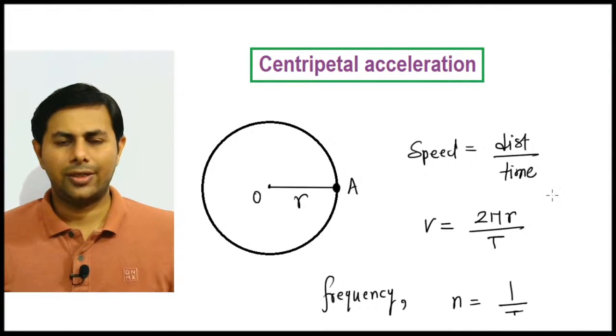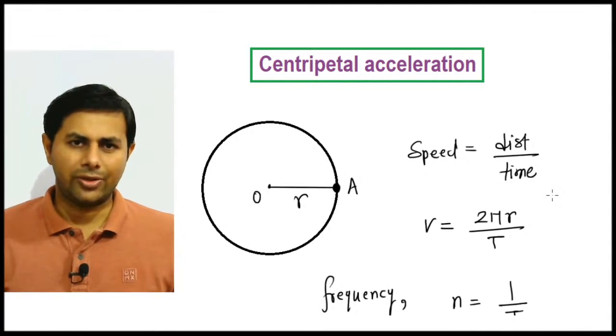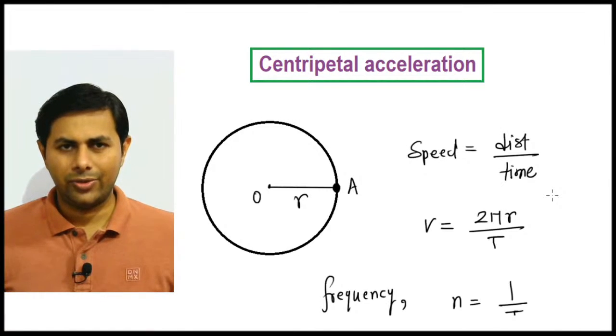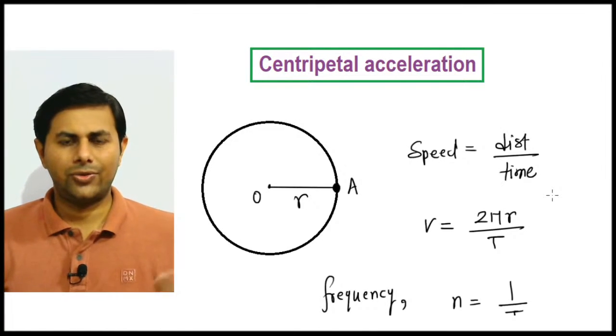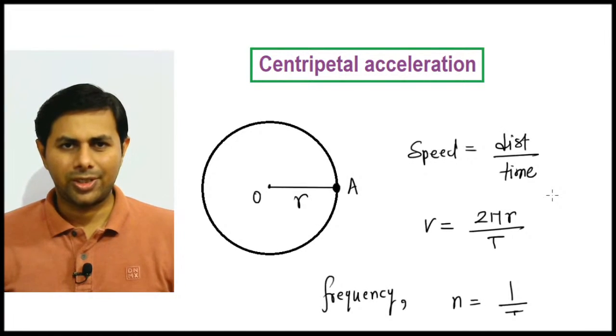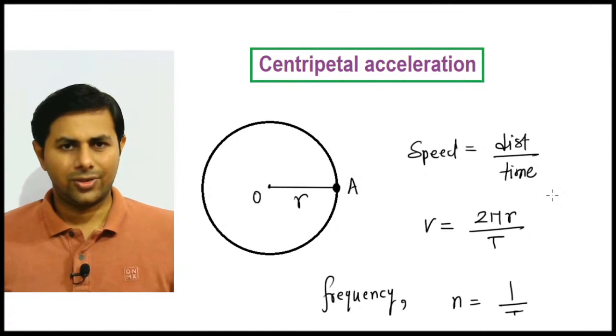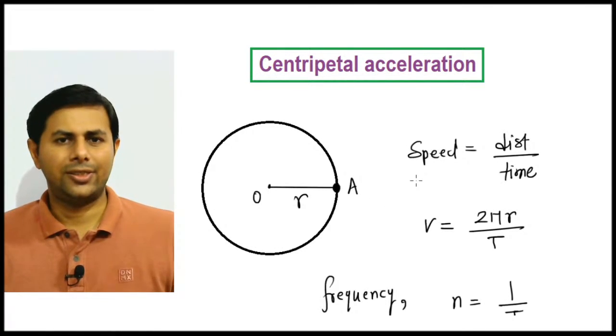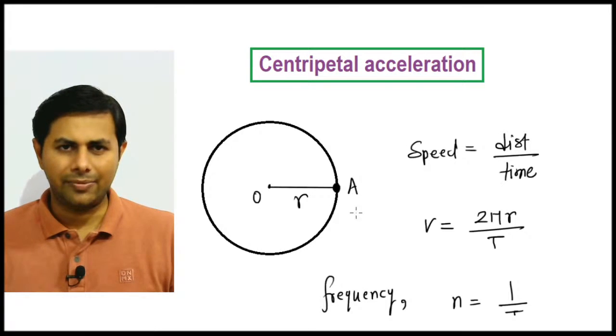Okay, so this is the relation between the linear speed and angular speed. Motion of an object along circumference of circle with constant speed is known as uniform circular motion. So question is, is there some acceleration in uniform circular motion or not? So answer is simple. We know that acceleration is change in velocity divided by time.